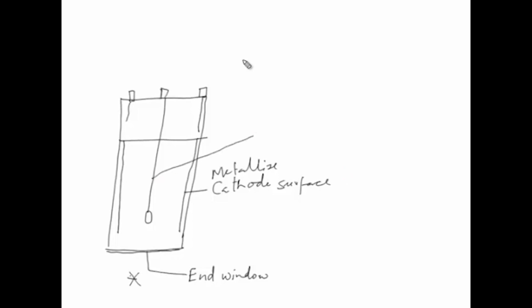This is the central wire, which is the anode wire, and there is a glass bead attached in here. There is inert gas filled in here, and the radiation from the sample will enter through this end window and ionize the gas, and the current or the pulse will be recorded.